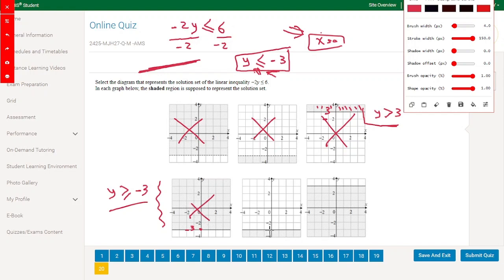For this one, here y is minus 3, and the shaded area is less than minus 3, which is the right answer. And for the last one, we have here y equal to 3, and the shaded area is less than 3. So it will be less than or equal to 3, equal because the line is a solid line here. So the answer will be this one.